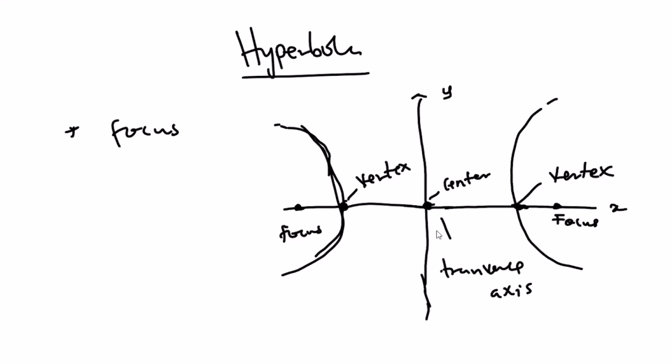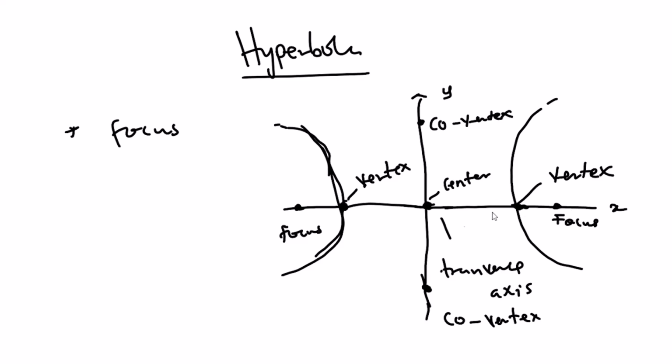So this is how it is. Now the point here, which is on this axis here, is called what? The co-vertex. We have another co-vertex here. Alright, so that is how it is.